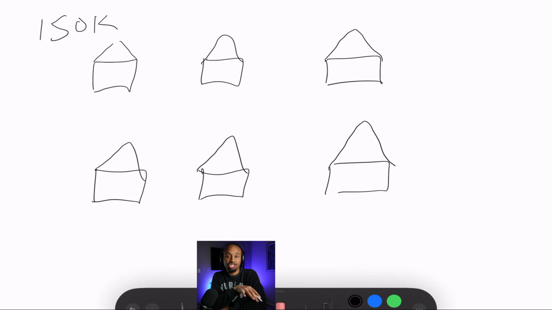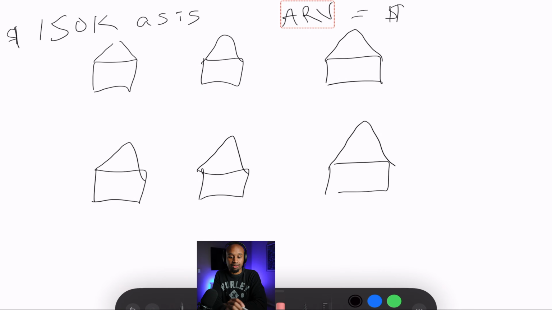And that's just in as is condition, 150K. Now, after a renovation, let's just say ARV, they were selling for like $200,000.